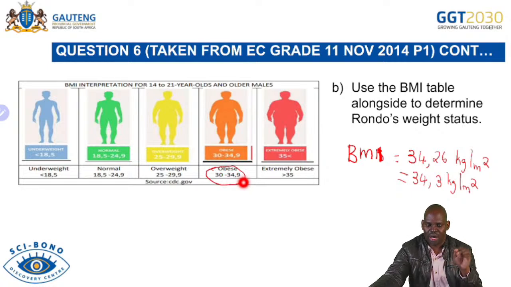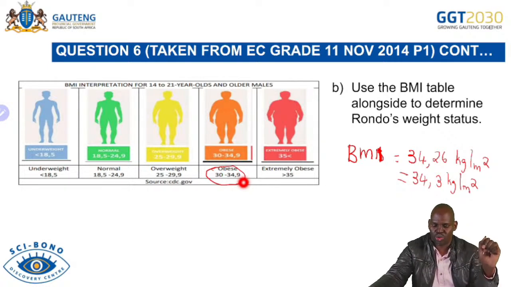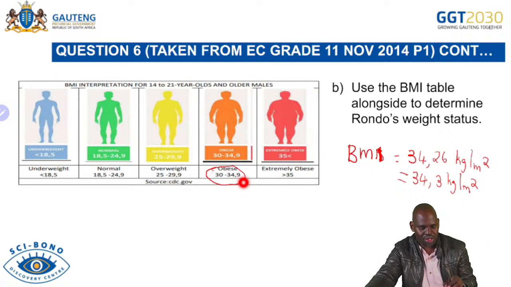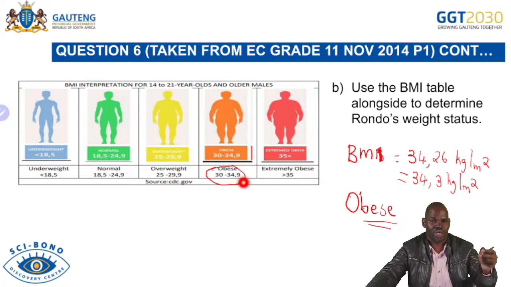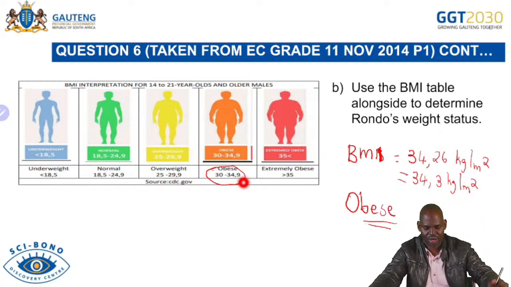Use the BMI table alongside to determine Rondo's weight status. So Rondo's weight status will obviously be obese. It's more than overweight.